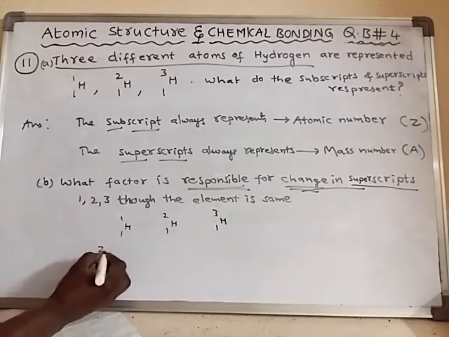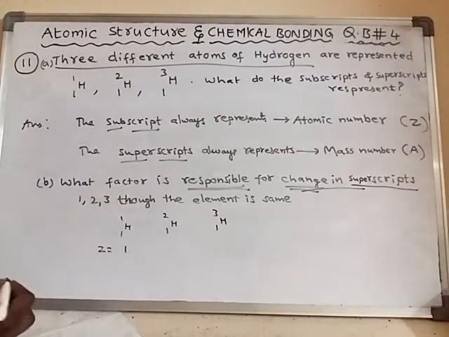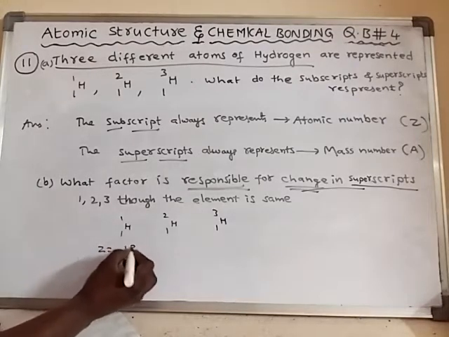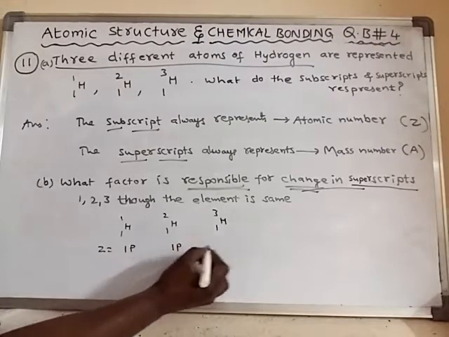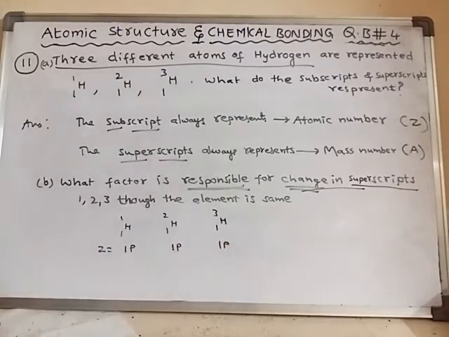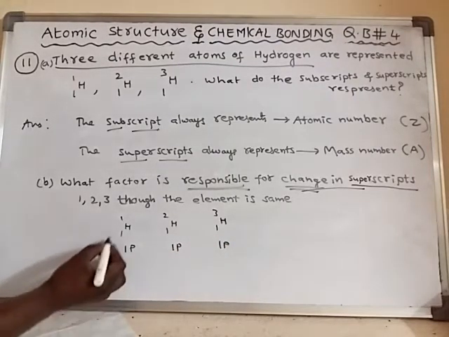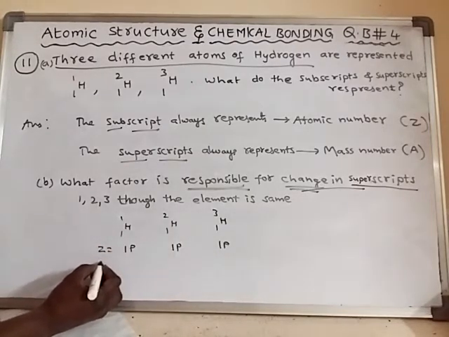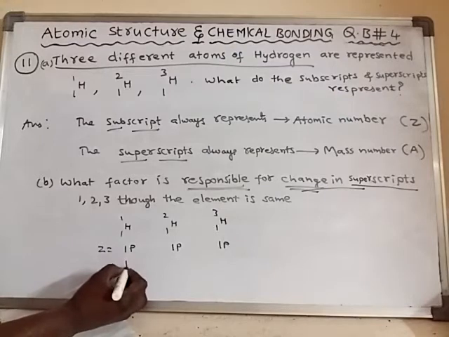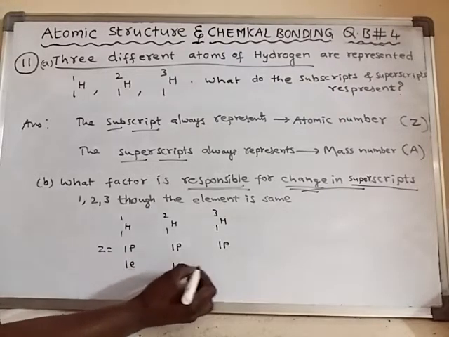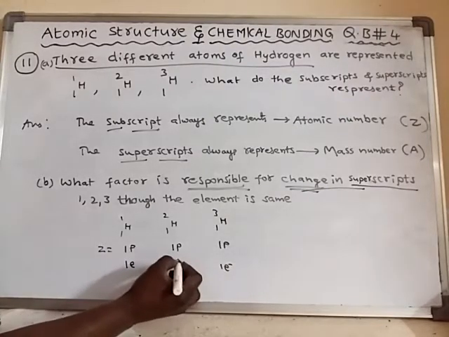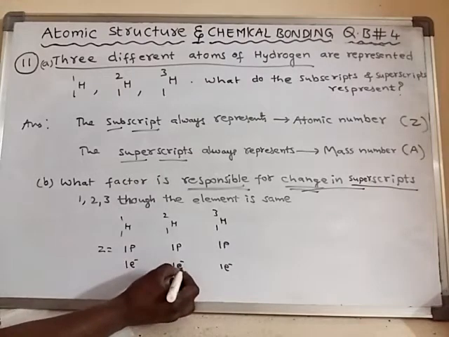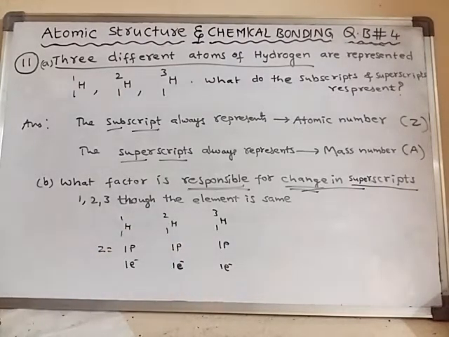The atomic number is 1, so 1 proton here, and also 1 proton and 1 proton in the others. As the atomic number is 1 and it is a neutral atom, the number of electrons will also be 1 electron in all these cases. That means all these atoms possess 1 electron each and 1 proton each.